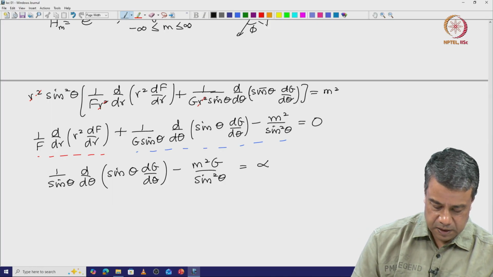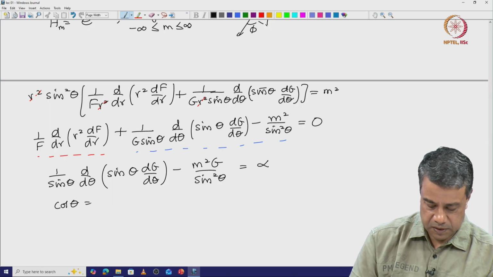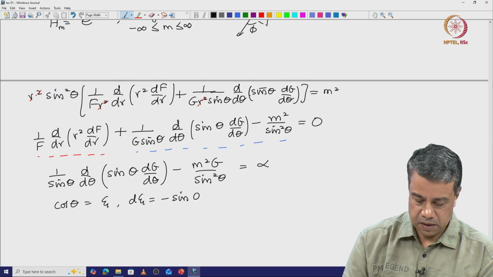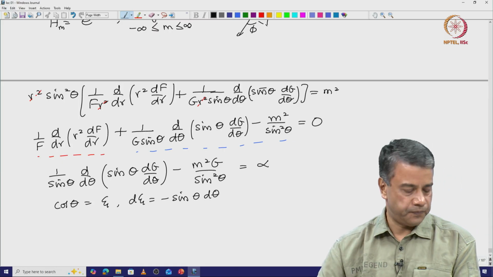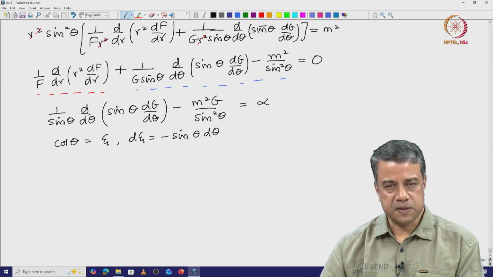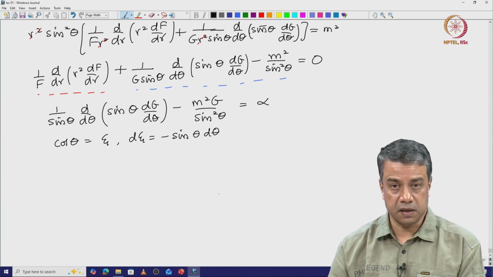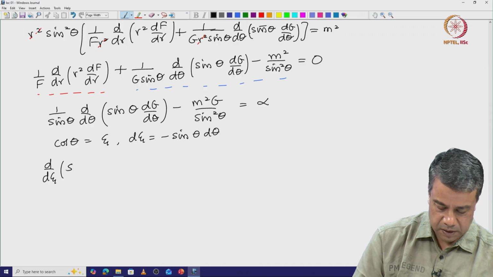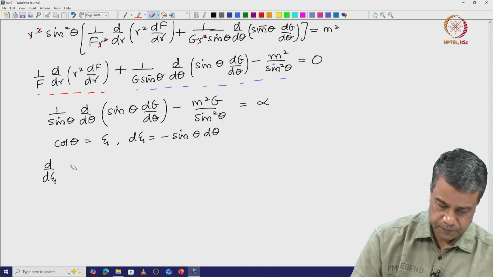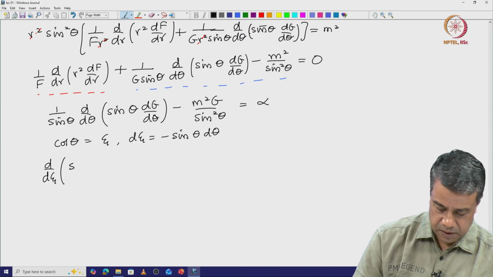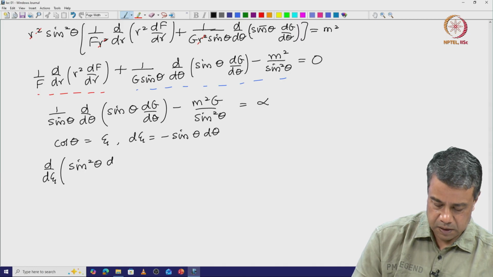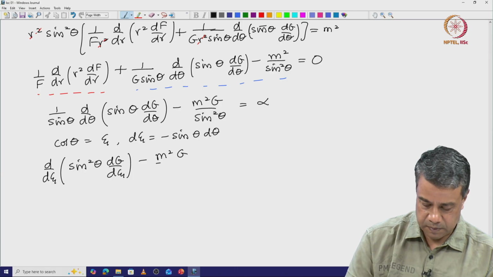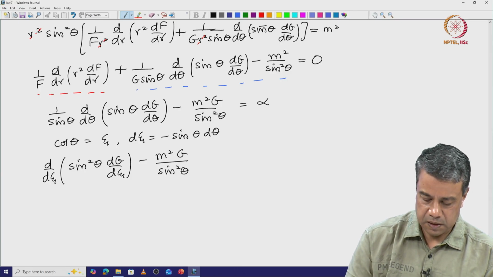Alternatively, I can express cos θ is equal to ψ, which means that dψ is equal to minus sin θ dθ. And expressed in this form, as we had done earlier in the Legendre polynomial case, I will get d/dψ of sin² θ dg/dψ, minus m² g by sin² θ is equal to alpha.